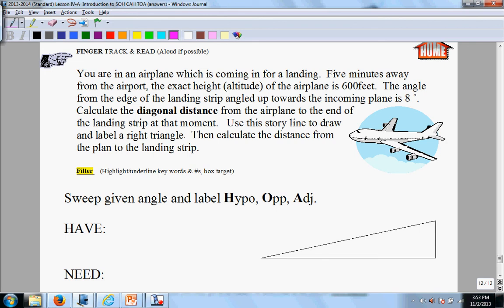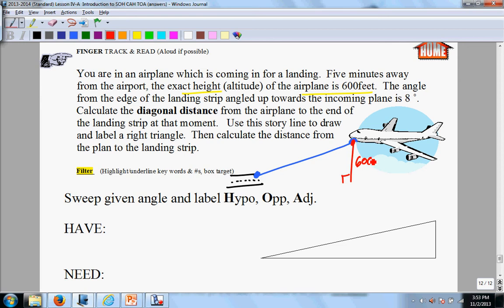Okay, taking a look here, we have an airplane coming in for a landing. So if this was our landing strip, we have an airplane coming in for a landing. Says right here, the exact height of the airplane is 600 feet. So height or altitude is always at a right angle.